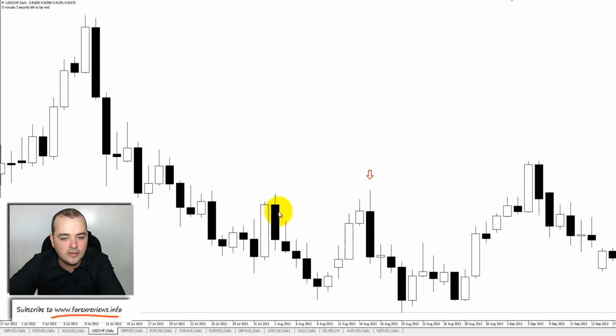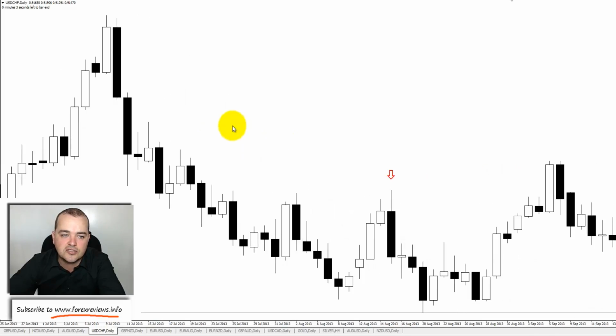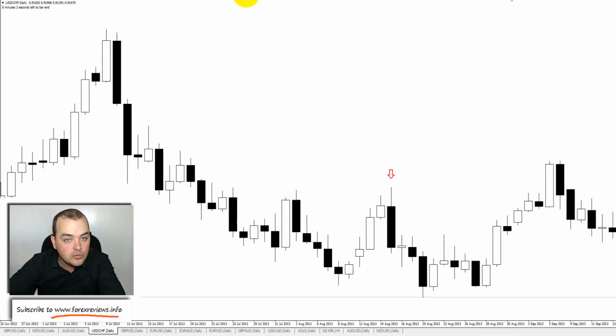Price broke higher, but it continued on its downtrend. Like I said, not all signals are going to work. There's no such thing as a 100% success strategy, but with valid signals, the price moves most of the time.